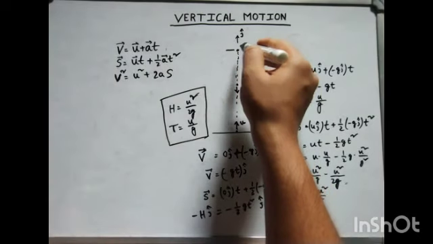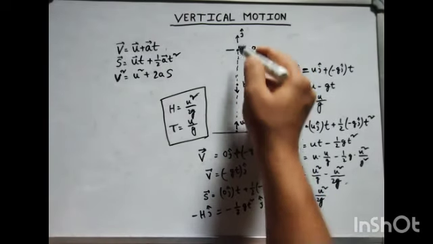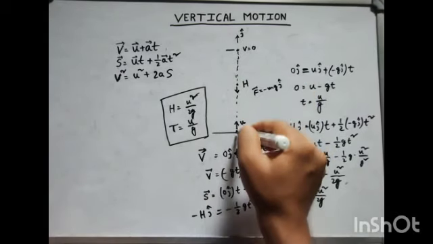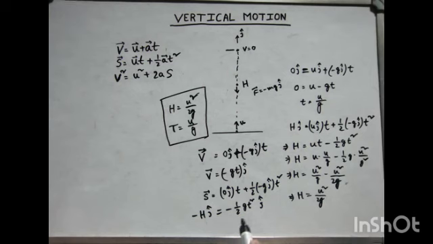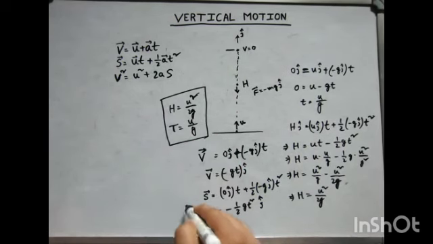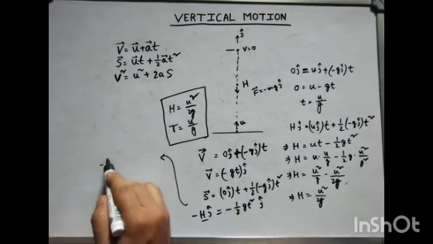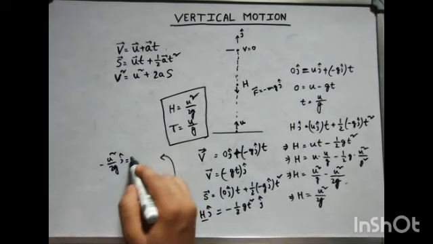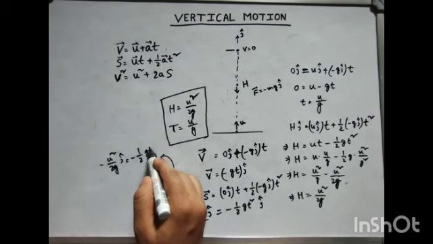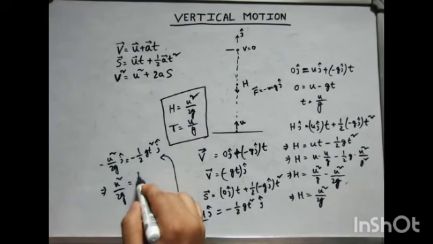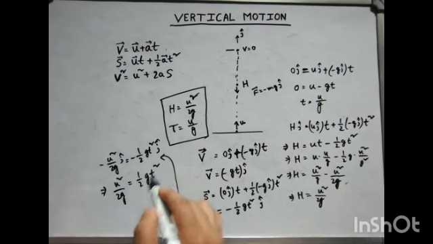This vector is from up to down, so this will be minus j cap, and the magnitude is h, and h we found as u square by 2g, so this will be minus u square by 2g j cap equal to minus half g t square j cap. Implies that u square by 2g equal to half g t square.